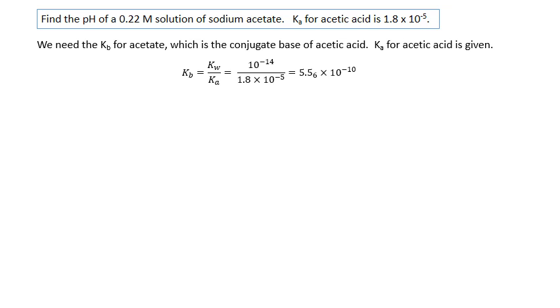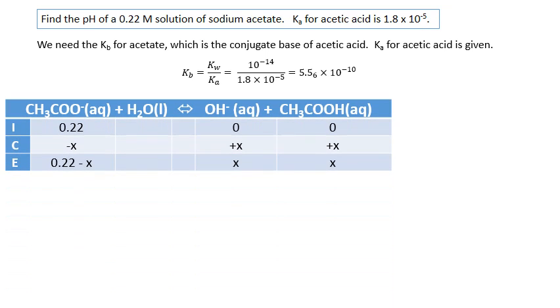But now we go ahead, what do we need? An ice table, right? Actually, maybe we don't need an ice table because we've done this same calculation so many times that maybe now we don't. But okay, initially 0.22 molar solution of acetate, and pretend no reaction has happened yet.